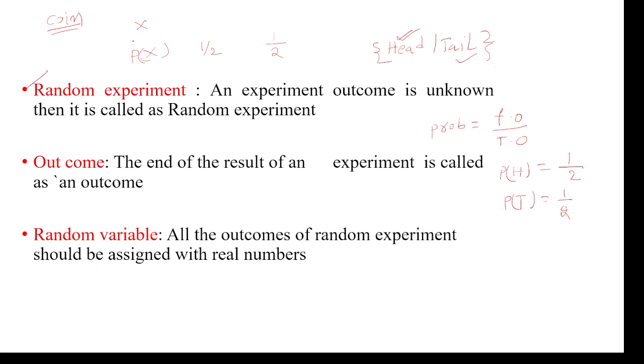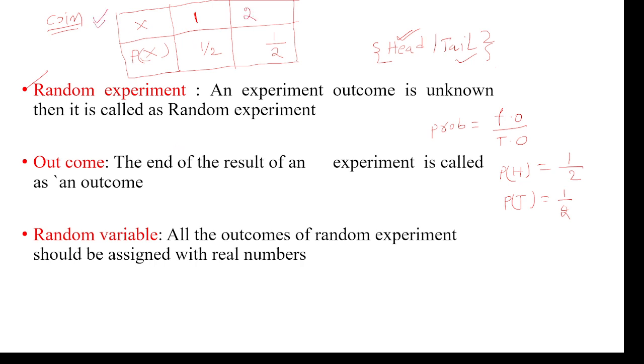So here I am assuming X is a random experiment having the probabilities 1 by 2 and 1 by 2. You can see that head is assigned the real number 1 and tail is assigned the real number 2.